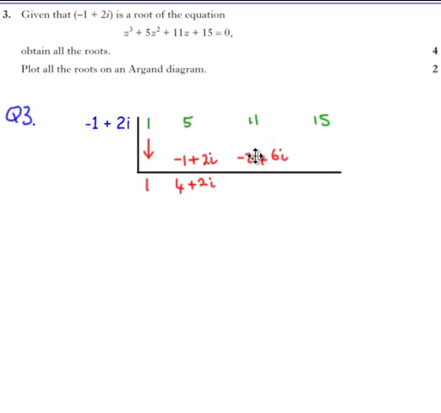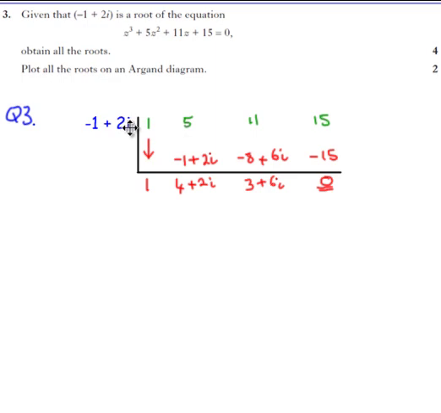Again, the 11 minus the 8 is 3, so this is 3 plus 6i. Now multiplying the minus 1 plus 2i times the 3 plus 6i, when we do that calculation, that gives us minus 15. 15 minus 15 gives us 0, and this happens because minus 1 plus 2i was a root.